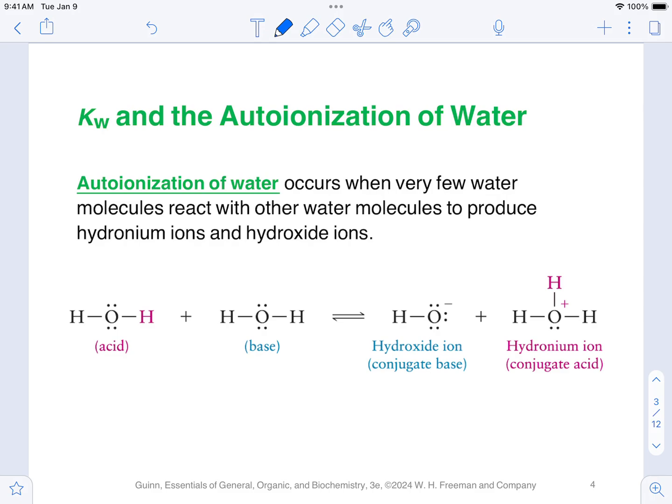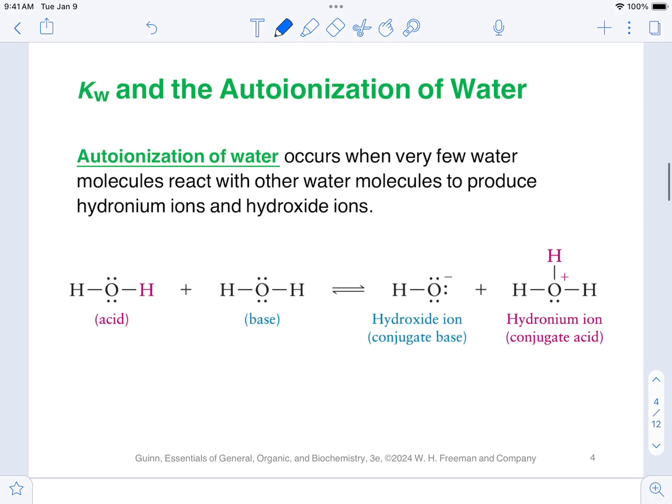So if you have pure water, those water molecules are still interacting with each other. And what happens when they interact with each other? Here we have two water molecules. One is an acid, one is a base. We know water is amphoteric. And your acid will donate its H to the base. And your acid turns to your conjugate base.